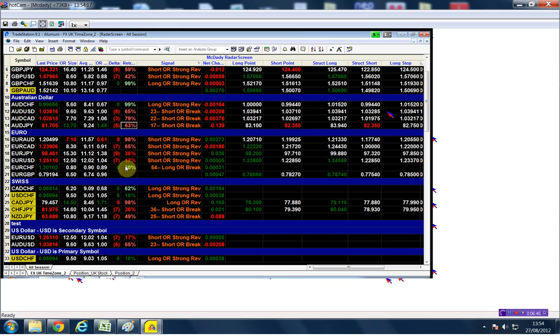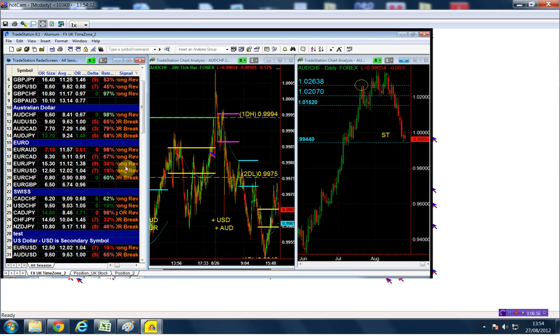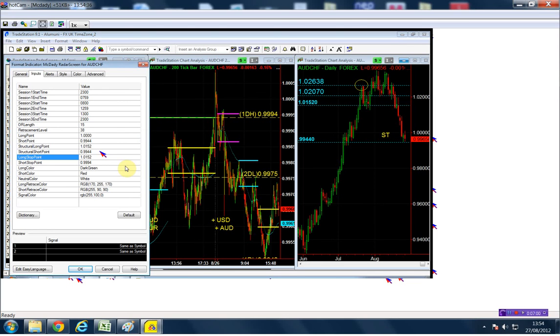My stop, this is my stop, I'm sorry. 99.94, and my structure long point, and this is my structure short point, middle.